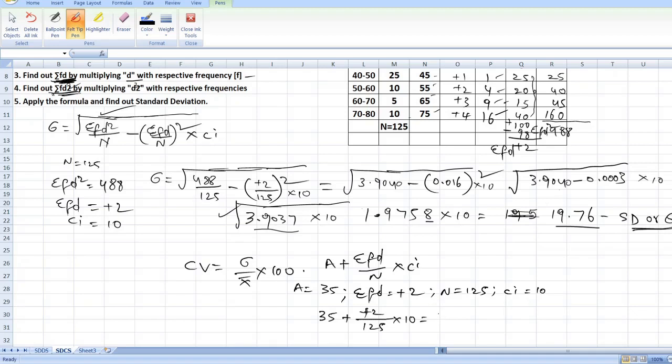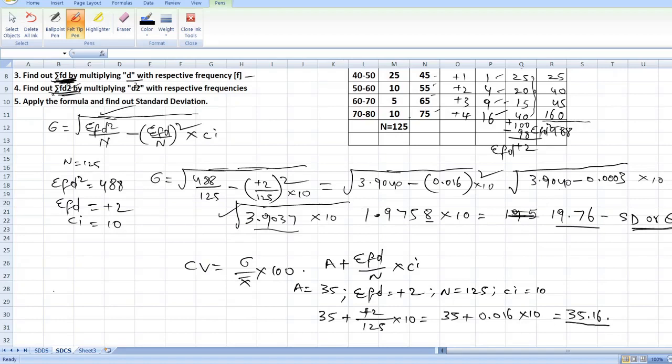So you get 35 plus 0.016 into 10, which gives 35.16. Now you have found the arithmetic mean, so arithmetic mean is equal to 35.16.